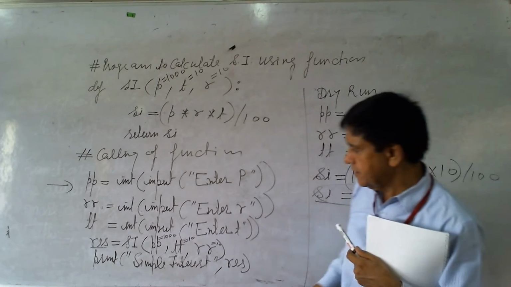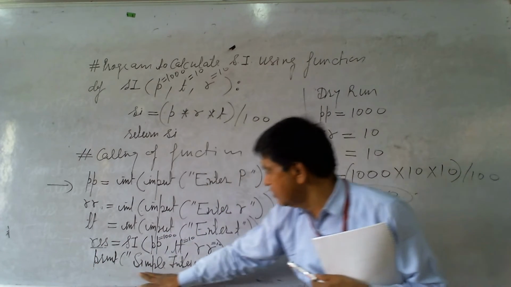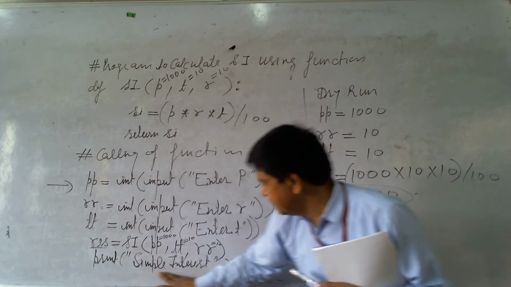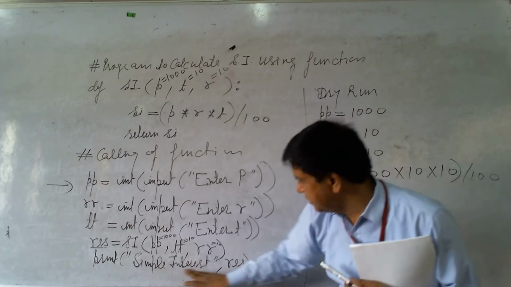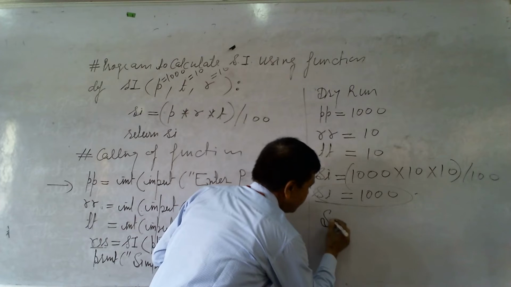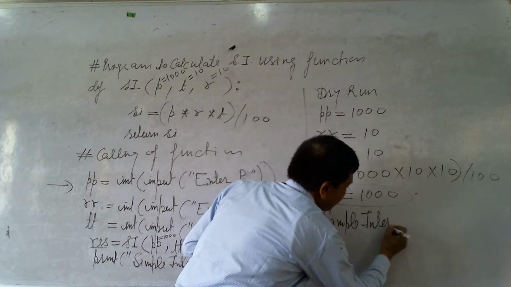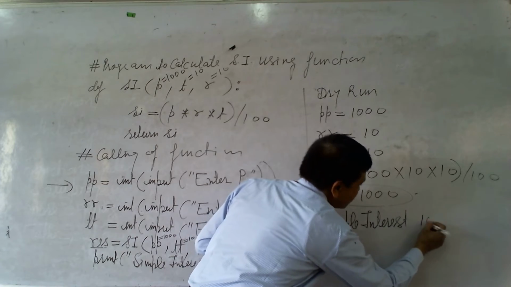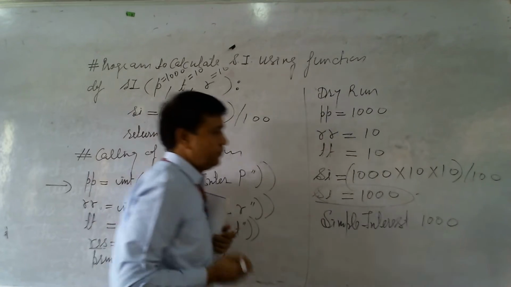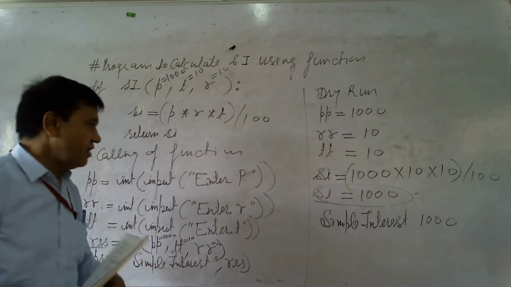This is 1000, and after this the next statement will be executed and it will display the output, simple interest 1000.